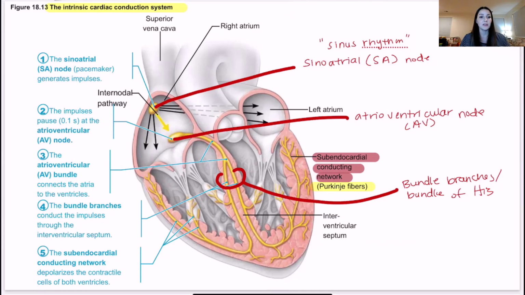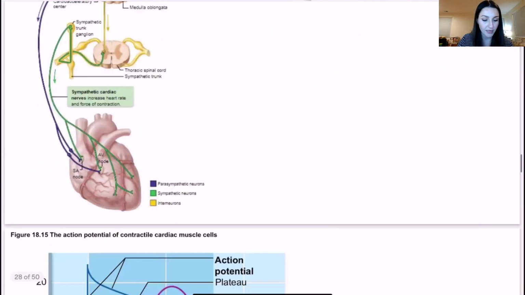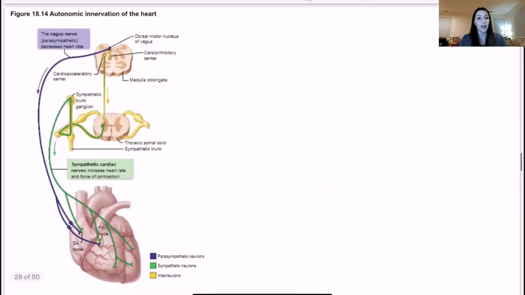Okay, so the SA node has its own rhythm. The thing is that we have innervation coming into the heart too. And so that's our next slide here. While we have pacemaker cells, while we have all this other great stuff, the heart has innervation from two main things.